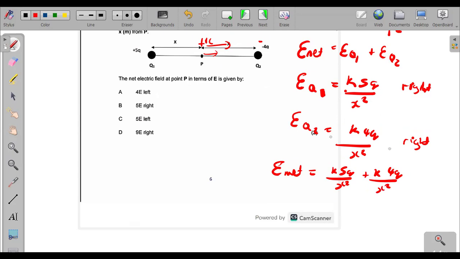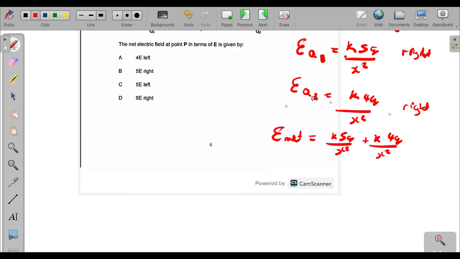And when we add them, we are going to end up having 9KQ over X squared, right? 5 plus 4 there. But KQ over X squared, that's E, because E is equal to KQ over R squared from the start, right?